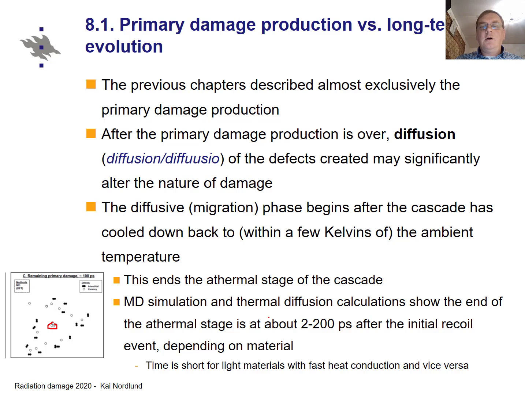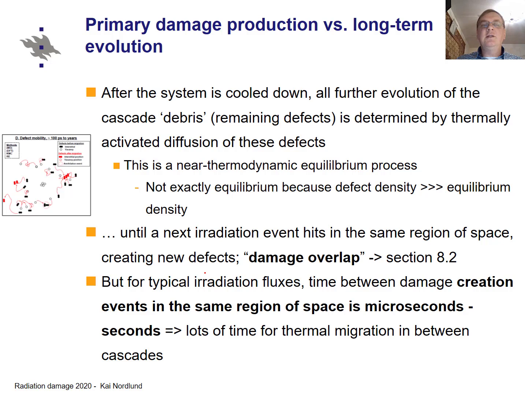So we'll go on from discussing this primary damage into this long-term evolution. So this is what I already mentioned, we have these long-term migration processes. You can have many kinds of clustering processes and so on. The other thing which may happen is that after a while, you may have another collision cascade in the same region.